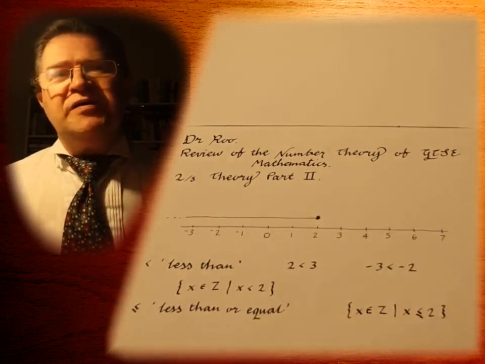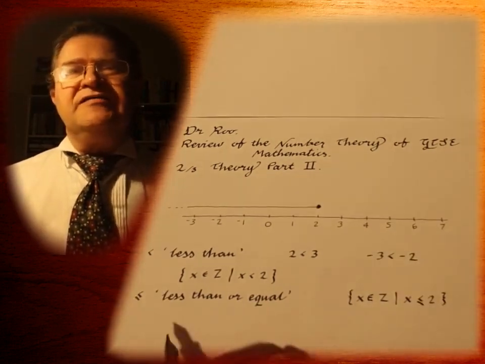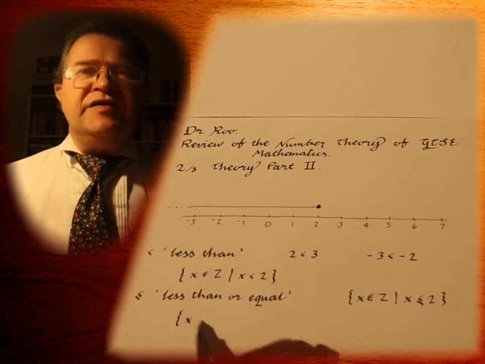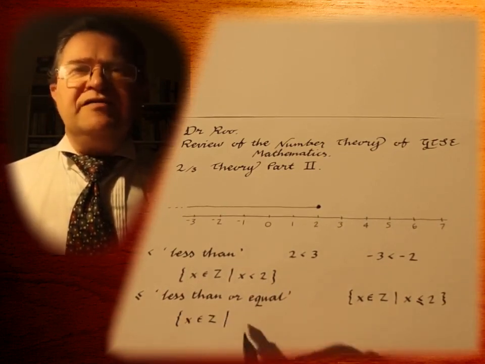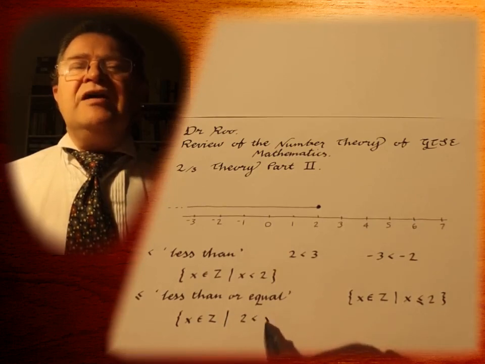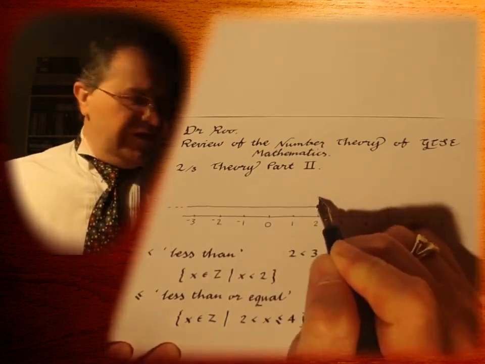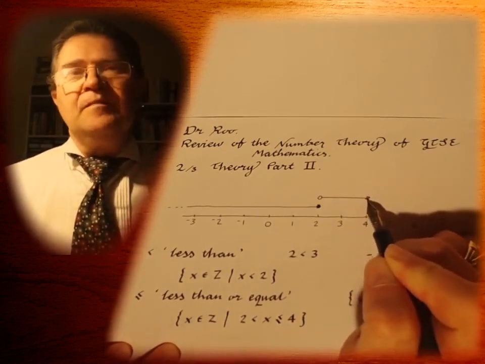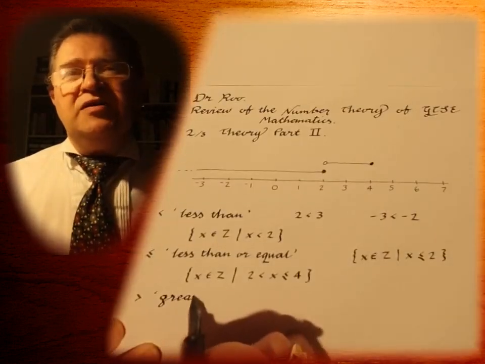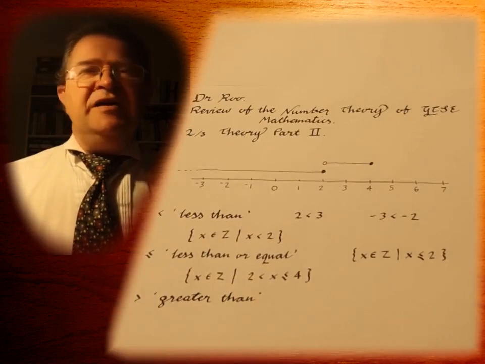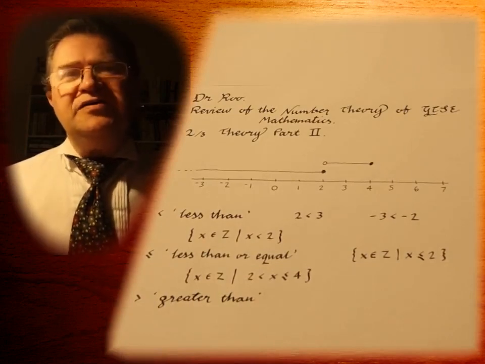Sometimes we see intervals with 2 endpoints, such as the set of things in integers restricted to 2 being to the left of the things which are to the left of or equal to 4, and it's this region here on the number line. Similar to less than, we also understand greater than, meaning numbers to the right of some point on the number line.